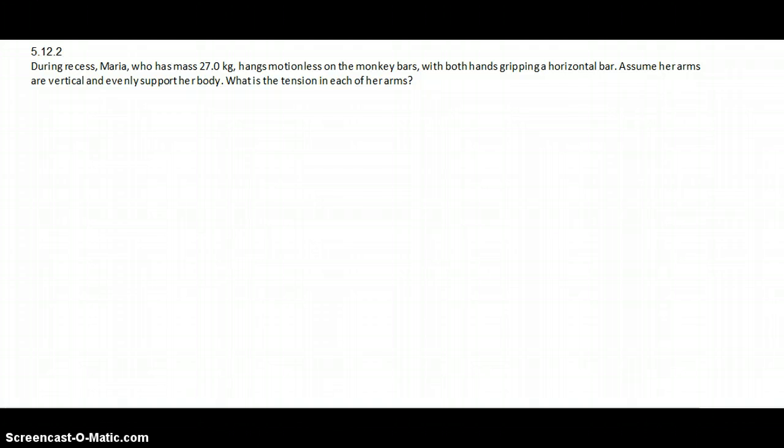So, the problem says that Maria has a mass of 27 kilograms. She's a petite girl. Now she hangs motionless on the monkey bars. So this is Maria, okay?